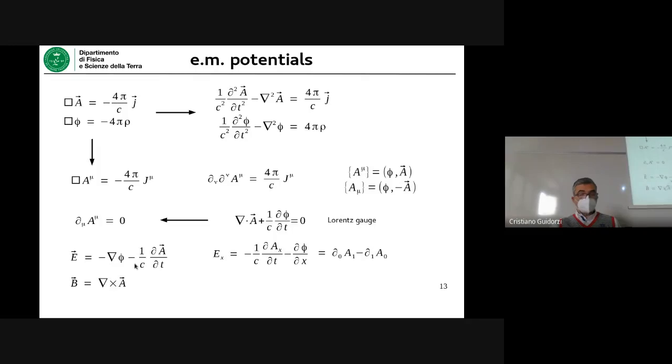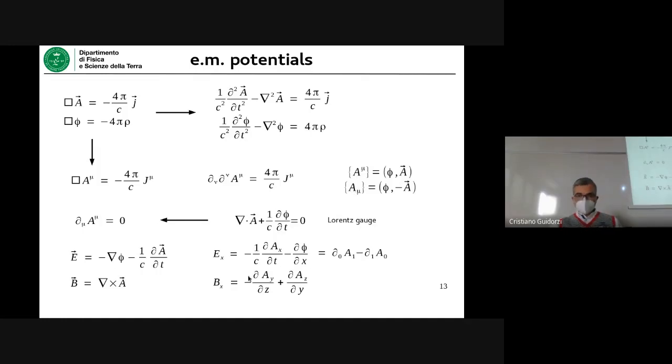Let's have a look at B instead. Well, again, let's take just the x component. The x component is just this guy here. The curl of A, take the x component, you just have the mixture of the other two components of the field and the partial derivatives. Now, again, look at the covariant coordinates of the four-vector potential.